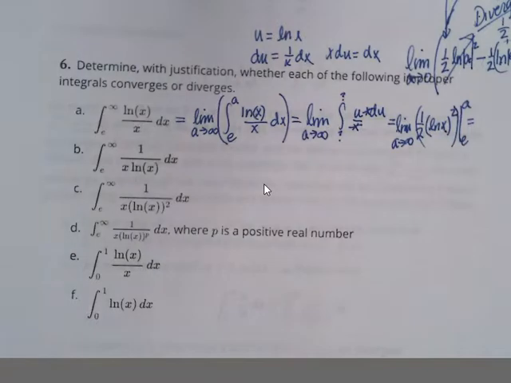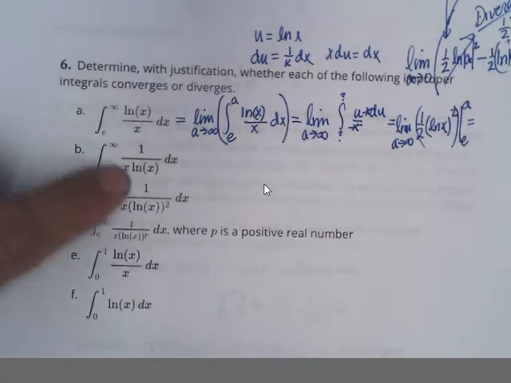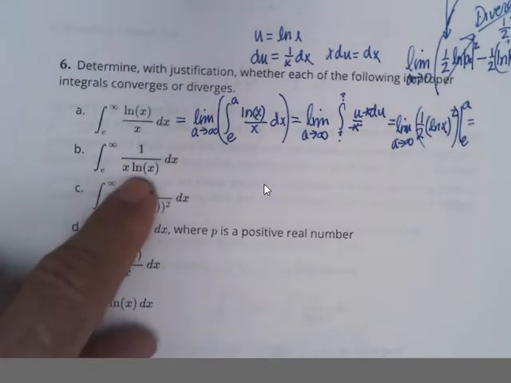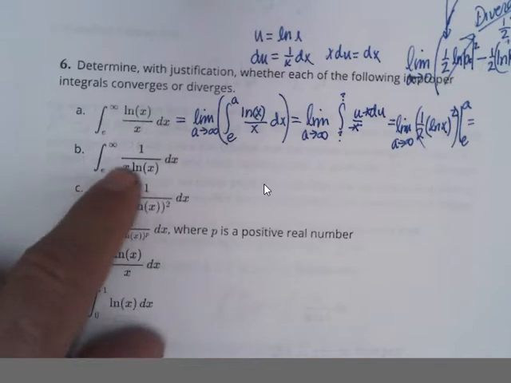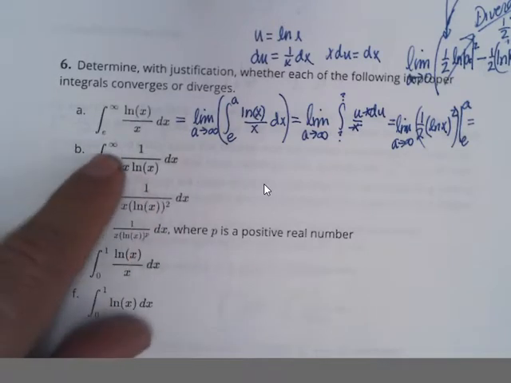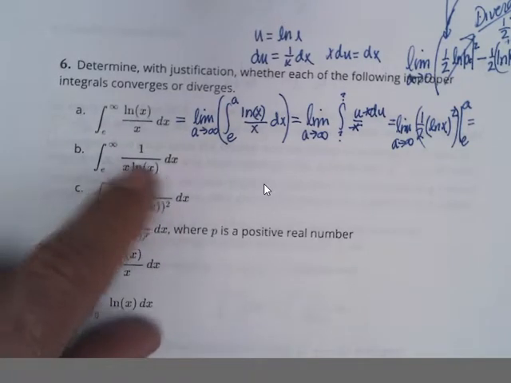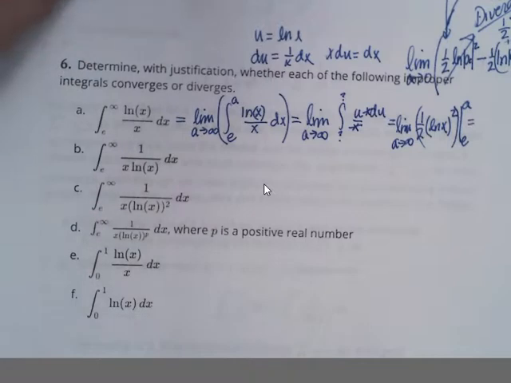Okay? Now this might not, because now we're dividing by even more, and so when we go to infinity, the area of this gets smaller and smaller and smaller, so that one will probably converge.